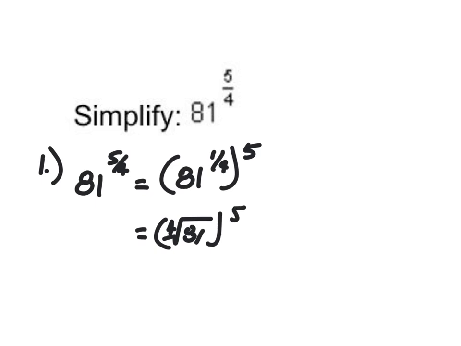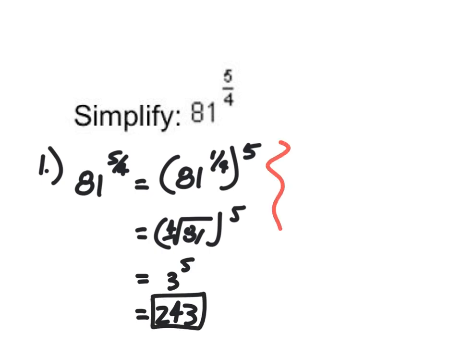The 4th root of 81 is going to give me a value of 3. Raise that to the 5th power, and that's going to give me 3 times 3 times 3 times 3 times 3, which is going to give me 243.